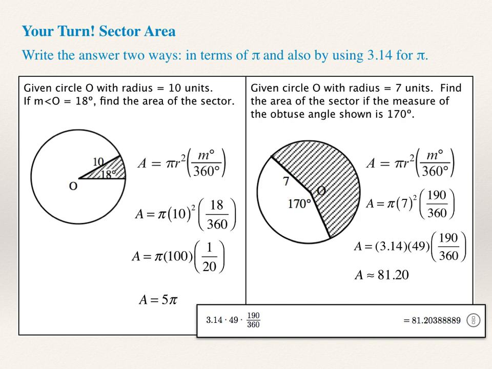Now I have to use approximate because I substituted 3.14 for pi and I rounded to the nearest hundredth. So the area is approximately equal to 81.20 square units. So hopefully you feel like you could confidently do some practice problems involving arc length and area of a sector.